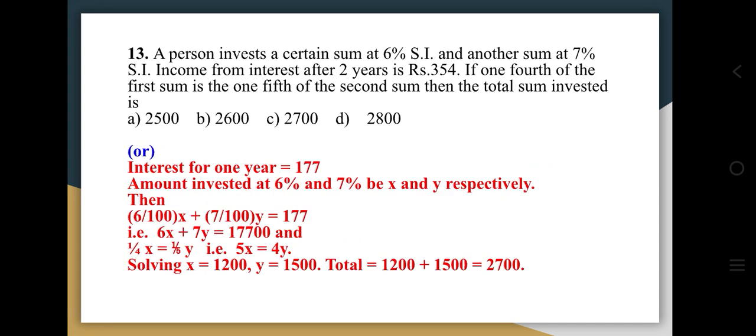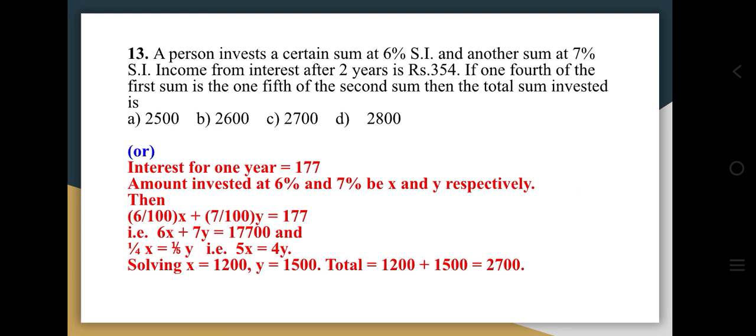And there is also another way to solve this. As in the earlier part, the interest for 1 year is 354 by 2, 177. We take the amount invested at 6% as x and at 7% as y. Then the interest for x at 6% and y at 7% for 1 year is 6 by 100 into x plus 7 by 100 into y.